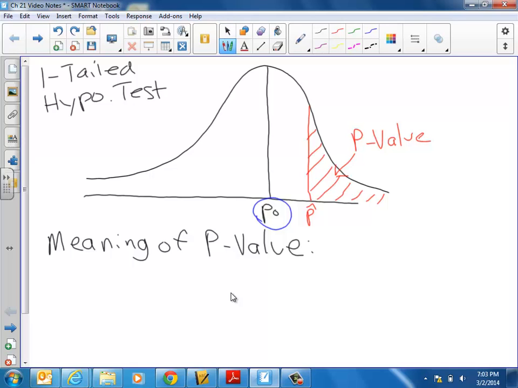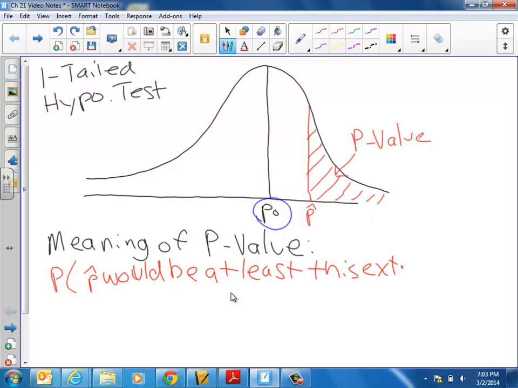The p-value actually is the probability that your sample proportion would be at least this extreme, given that the null hypothesis population proportion is true, given that this is the case.